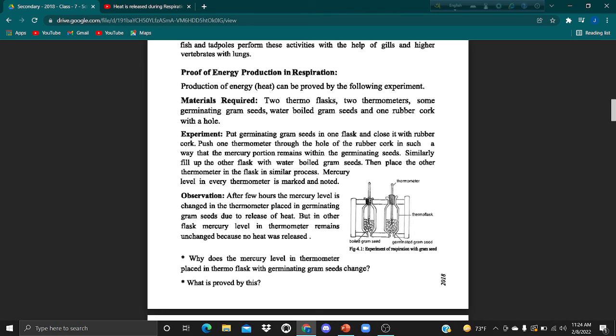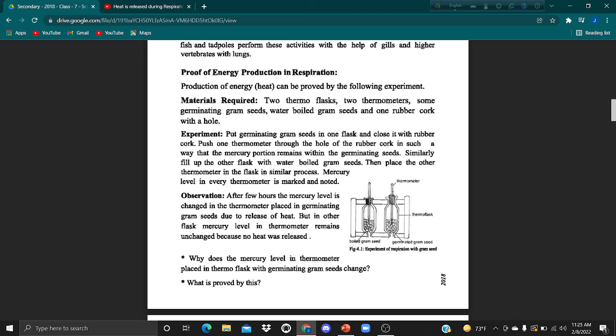Okay, so now the question is, why does the mercury level in the thermometer placed in the thermoflask with germinating gram seeds change? What does it mean? It produces heat. These are germinating gram seeds and they produce heat, and the mercury level of the thermometer is raised up.